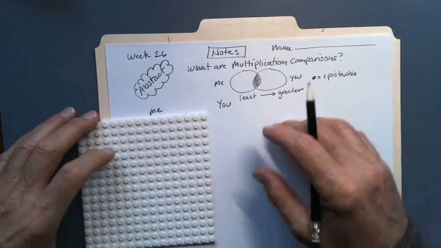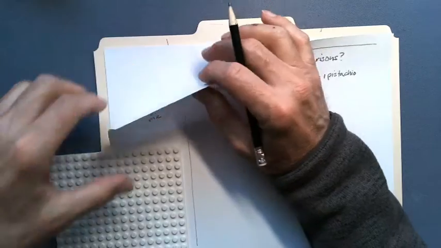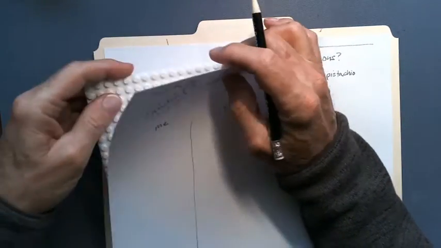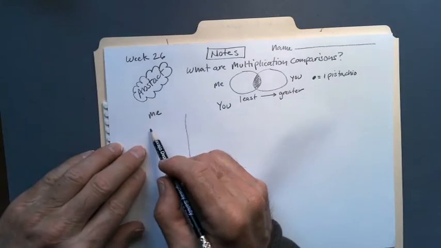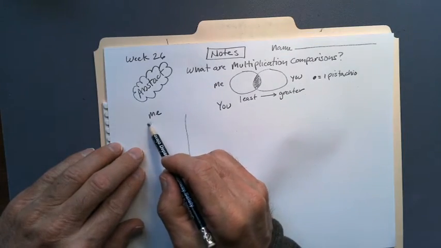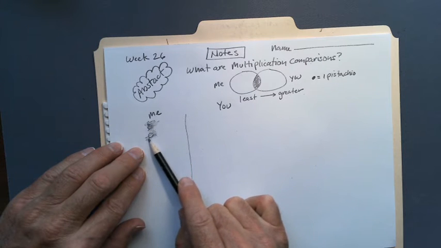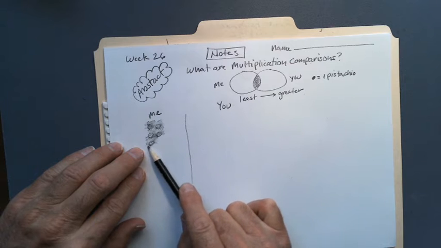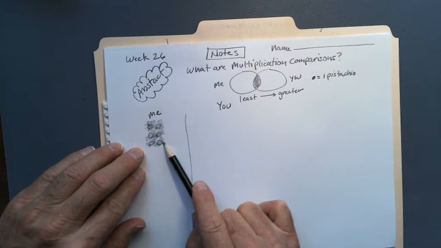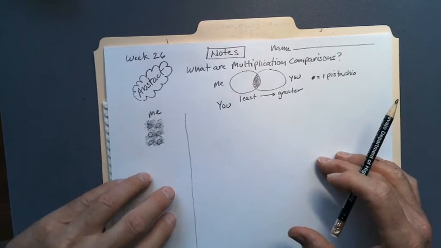I'm just going to use this. And let's see how this works. If I set this up under here, let's see if I can find a dot. There's a dot. That kind of works. Can you see that very well? I'll come by and clean that up with an eraser.